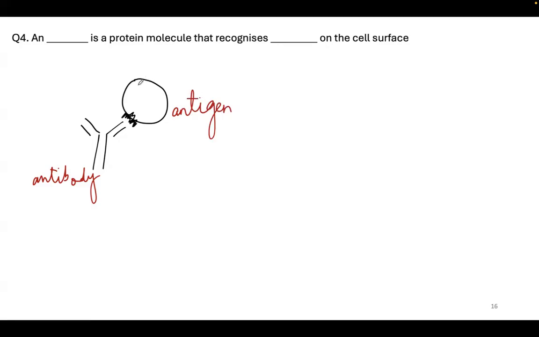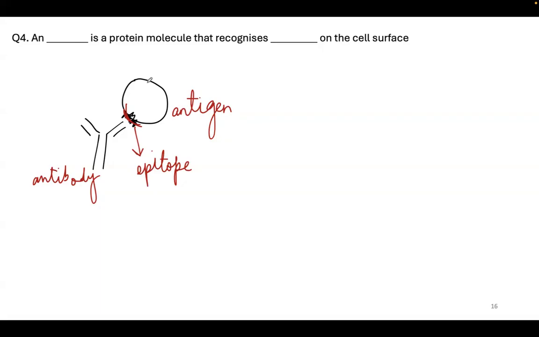Maybe this is something on your cell surface, maybe some secreted molecule, whatever it is. And this part of the antigen that the antibody recognizes, you might hear this term somewhere, is called the epitope. An antigen is a big molecule, right? Let's say it is a protein which has 500 amino acids.